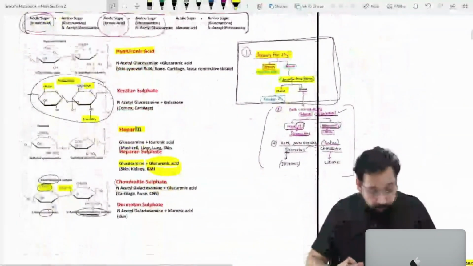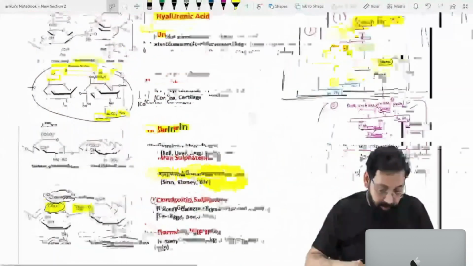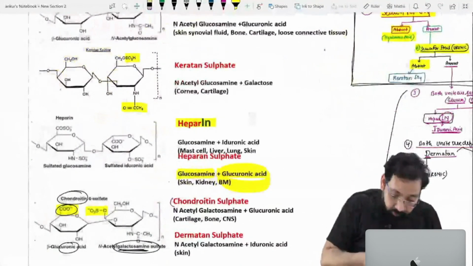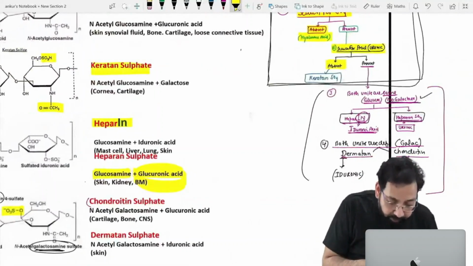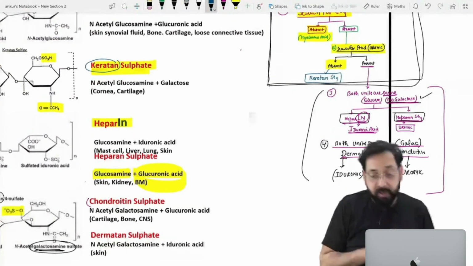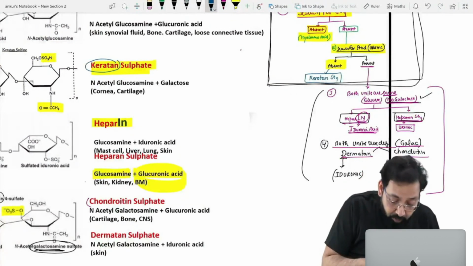So this is about how to recognize the structure. Now questions. Keratan sulfate, the name itself tells you, keratoplasty, keratoconus, means cornea.